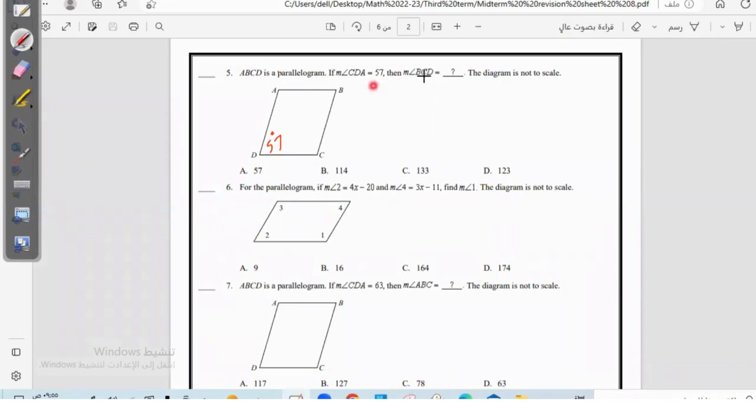So in this case, what about angle BCD? In a parallelogram, any two consecutive angles, the sum is going to be 180. So angle C equals 180 minus 57. What's it going to be?